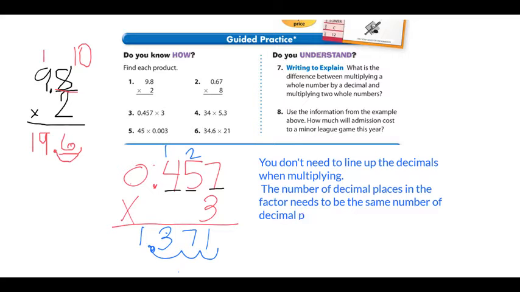So keep those in mind, and that will help you with today's lesson. You're just multiplying like you would multiply whole numbers, but then keeping in mind where the decimal place should be. All right, guys, do your best and good luck, and double check your work with yourself and definitely with somebody else.